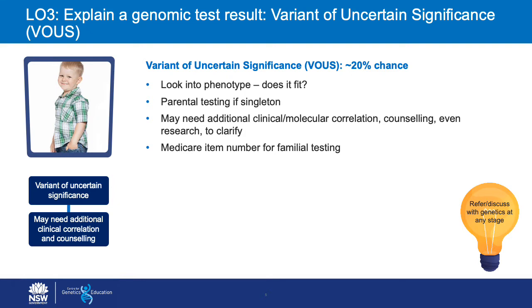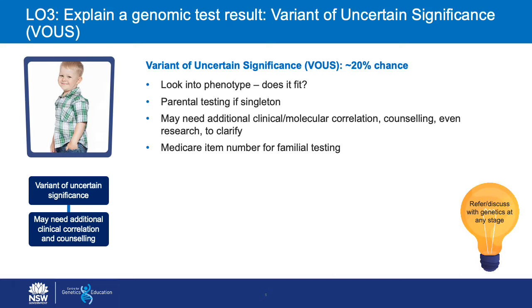In this alternative scenario, Oliver's whole exome sequencing results report a variant of uncertain significance. This occurs in 20% of cases. It is important in this situation to explore the clinical presentation or phenotype of the child to see if the change in the specific gene fits with the clinical presentation reported in the literature with the gene.